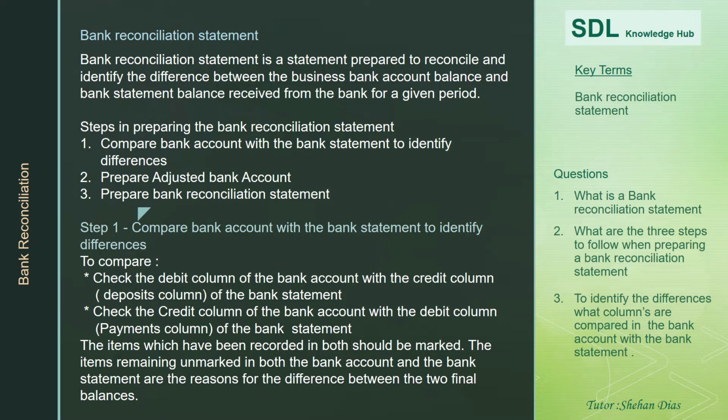Sometimes the credit column is known as deposit column in some bank statements, and also the debit column is known as payments column. So once you tick all that is there in both the statements, whatever is not ticked or unmarked is the reasons for the difference.